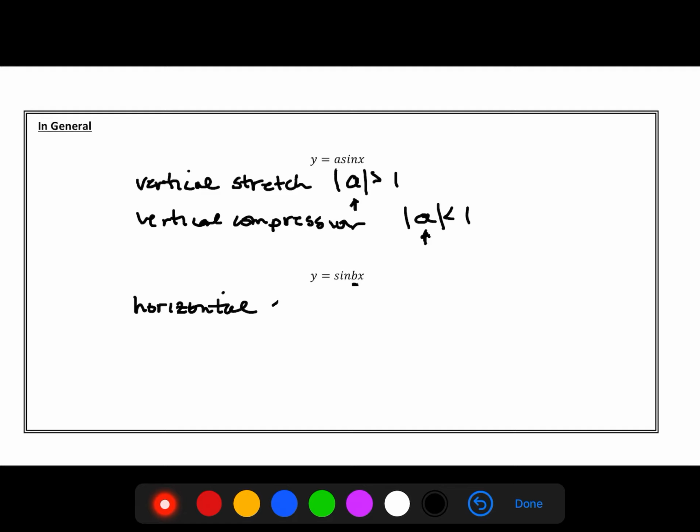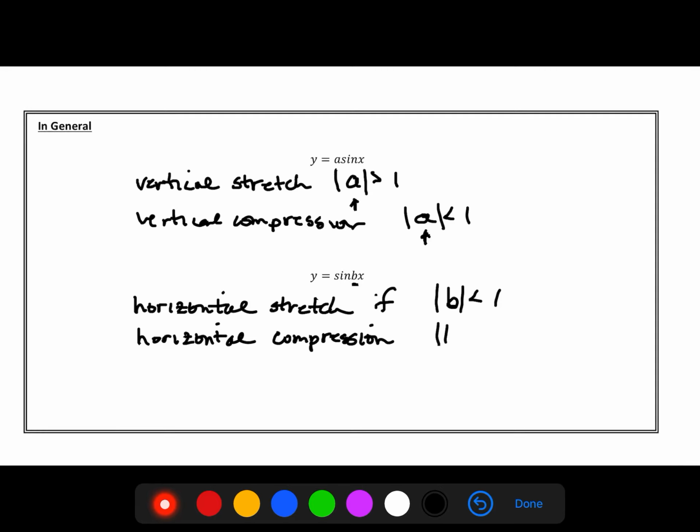transformation. And we have a horizontal stretch if the absolute value of b is less than 1. So opposite, and again, absolute value. We can have a negative in there, but we're going to talk about solely focusing on the positive value.